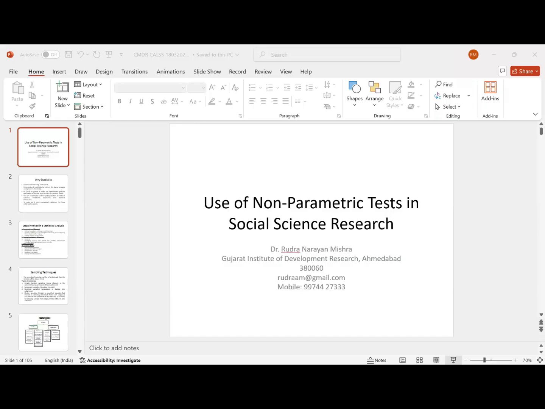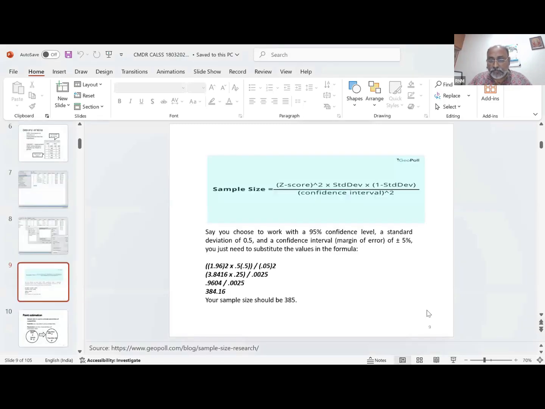Sir, the slide is not moving. It is still on the first slide. No, I am on slide number 9. Sir, we are seeing the first slide. How is it happening? I am able to move here. I have shared the slide with all of you. Ms. Tima, can you give all of them the slide? If some correction is to be done, I'll say it later, because we cannot lose time on that. I don't know why it is happening. I have shared the screen with all of you. Sir, the screen is visible.